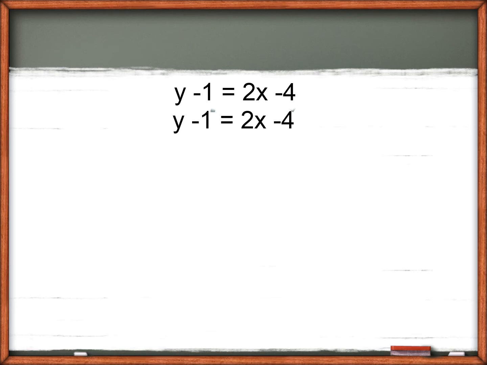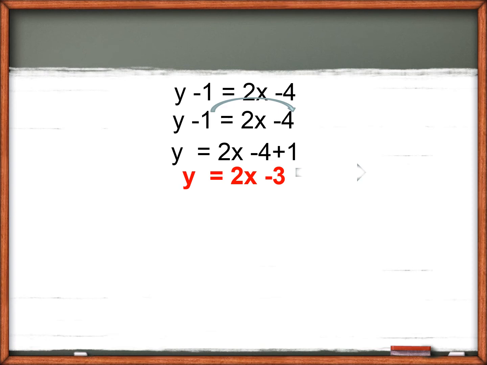Transposing negative 1 on the right side of the equation, we will have y equals 2x minus 4 plus 1. Since negative 4 and positive 1 are like terms, we need to combine them. So it will become y equals 2x minus 3. Now y equals 2x minus 3 is our equation of the line as far as our given problem is concerned.